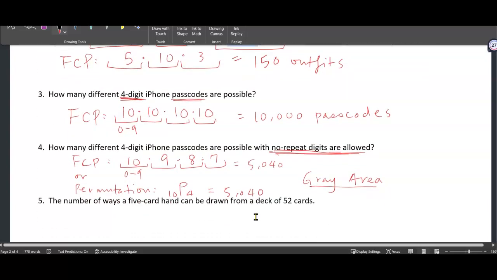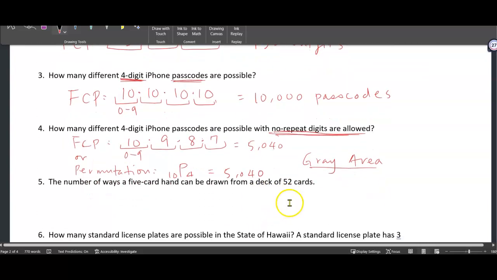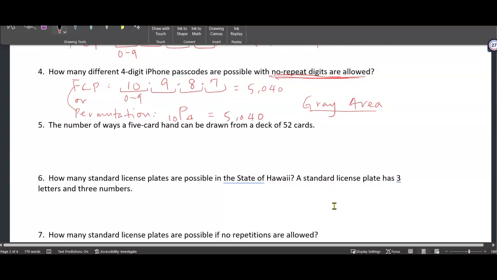Then you can use both if, for the fundamental counting principle and permutation, order matters. So only these two will have the gray area. The fundamental counting principle would not share with combinations, actually. So only the fundamental counting principle shares with permutation sometimes.